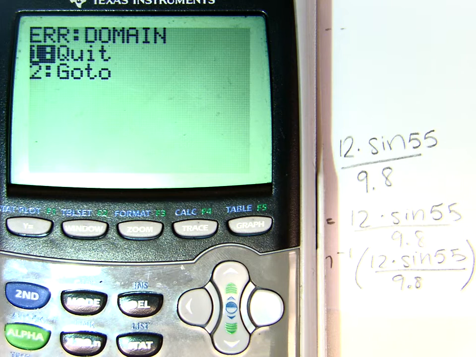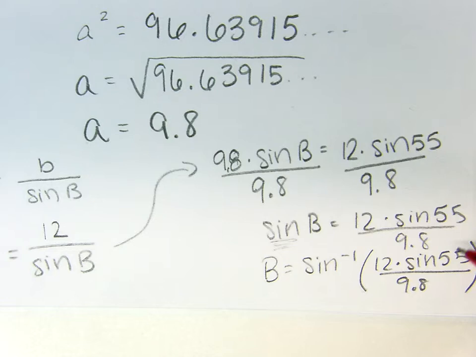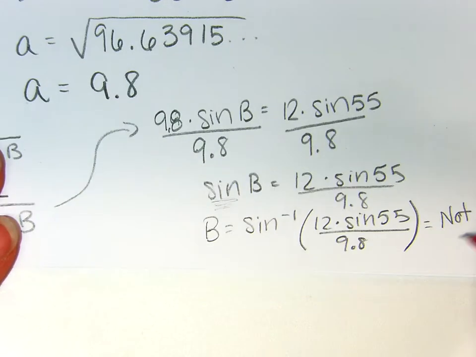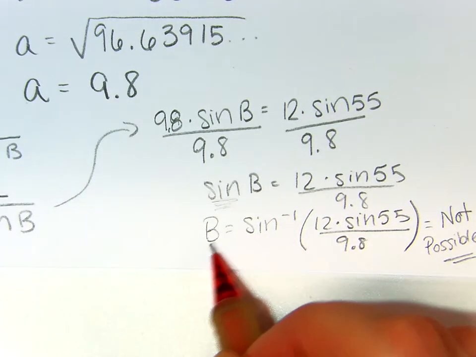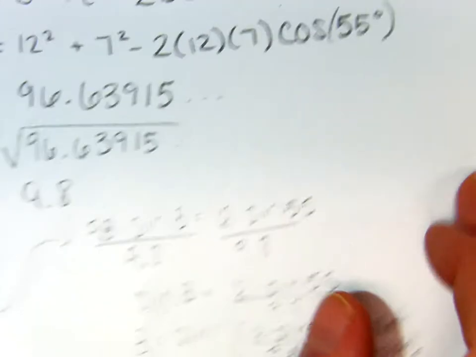That means this triangle is not possible. Because I cannot have an angle B. It's not allowing me to have an angle B, so I cannot have a triangle that's possible.